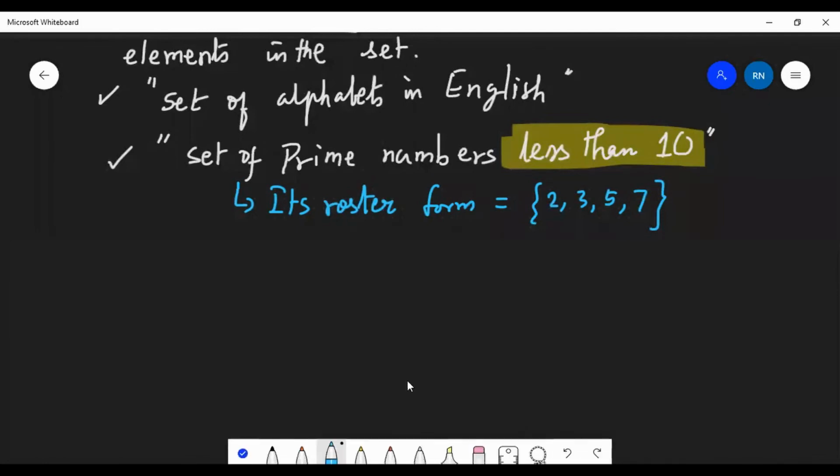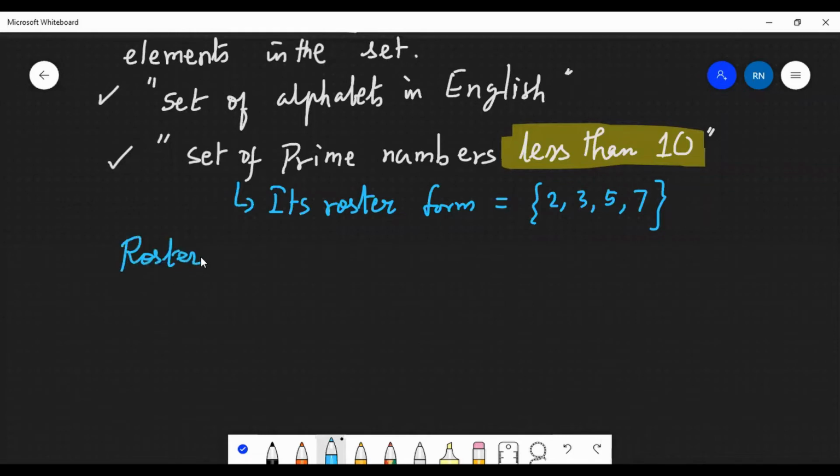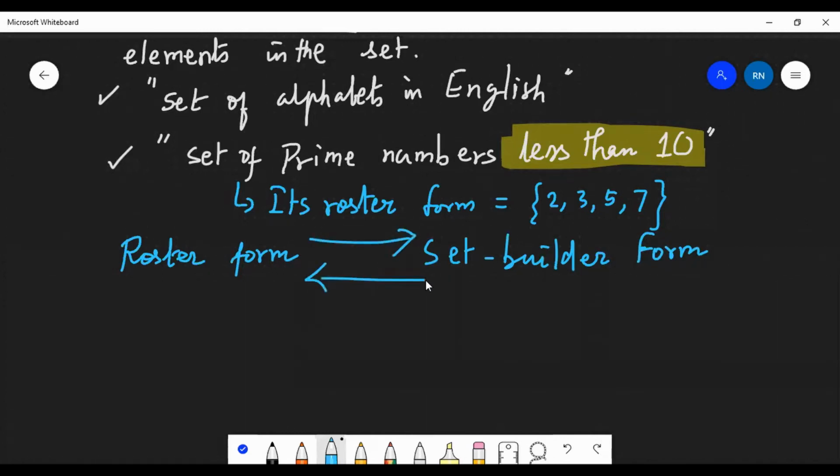So what is that you understand from this? You should be able to write the list of elements in roster form from set builder form. Or if the roster is given, we must be able to explain it as a sentence. So that means you must be able to convert from set builder to roster.